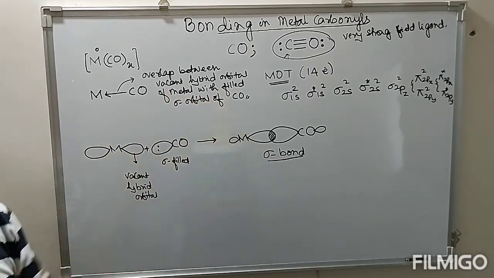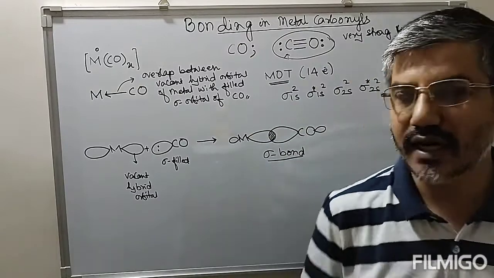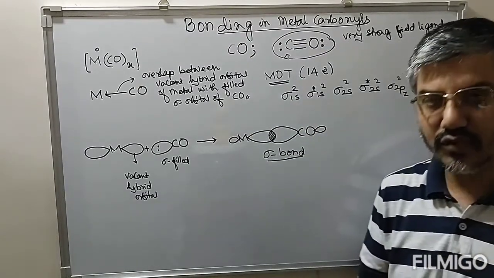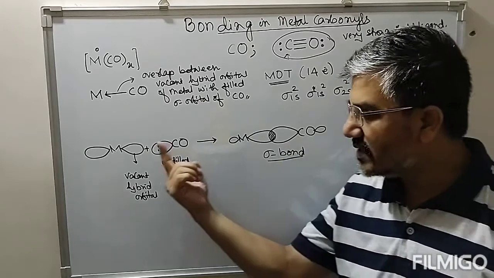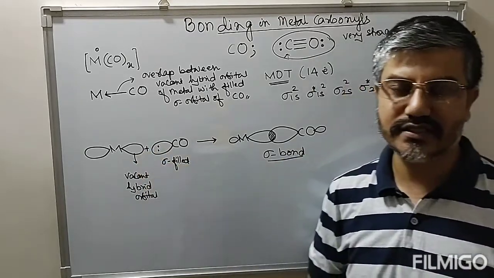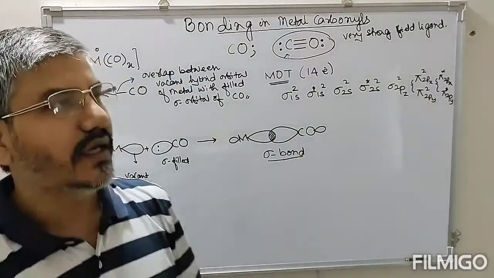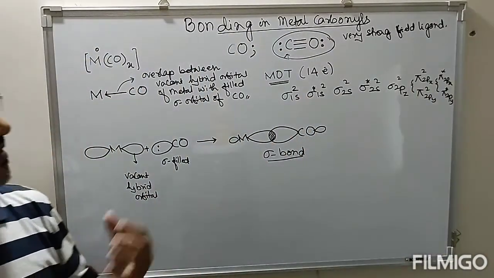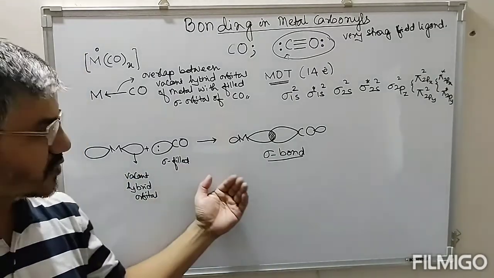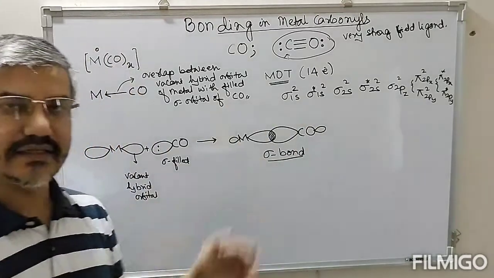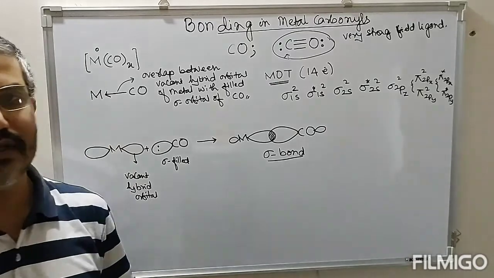Now the metal is already in a lower oxidation state, and the metal d orbitals have lots of electrons. In addition to those, a pair of electrons is also coming from the ligand. That means more and more electrons are accumulating on the metal.